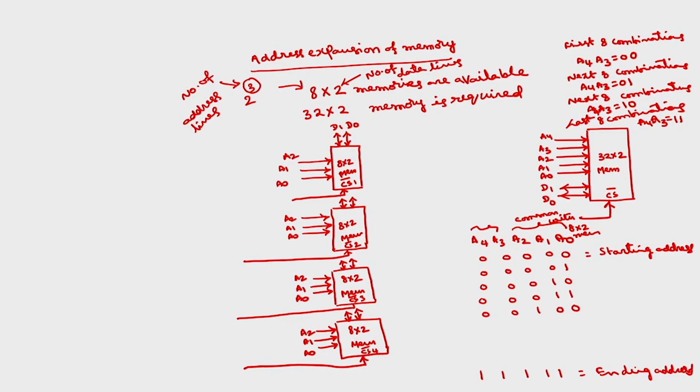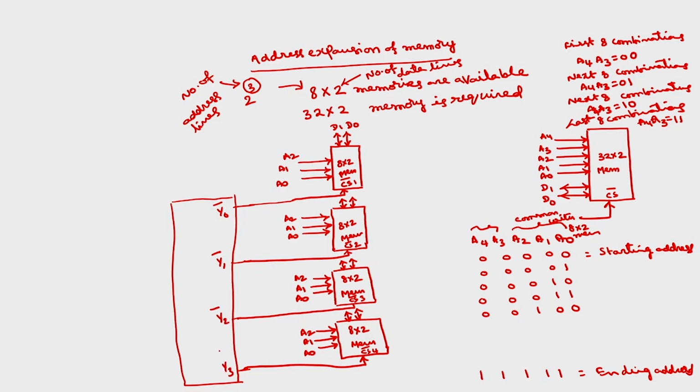Okay. So, for that I require another decoder. I will take a decoder here, with active low outputs Y0 bar, Y1 bar, Y2 bar, Y3 bar.